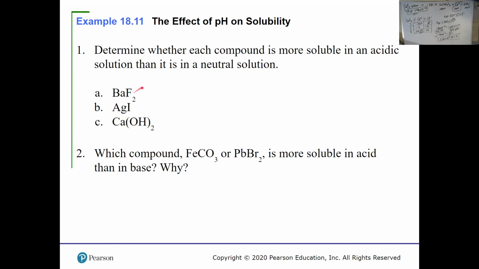So this question is asking you to take these three compounds, separate them into their ions, and figure out which of the compounds has a basic anion, and those are going to be the compounds that would be more soluble in an acidic solution. Okay, and we'll look at that on the board in a second.